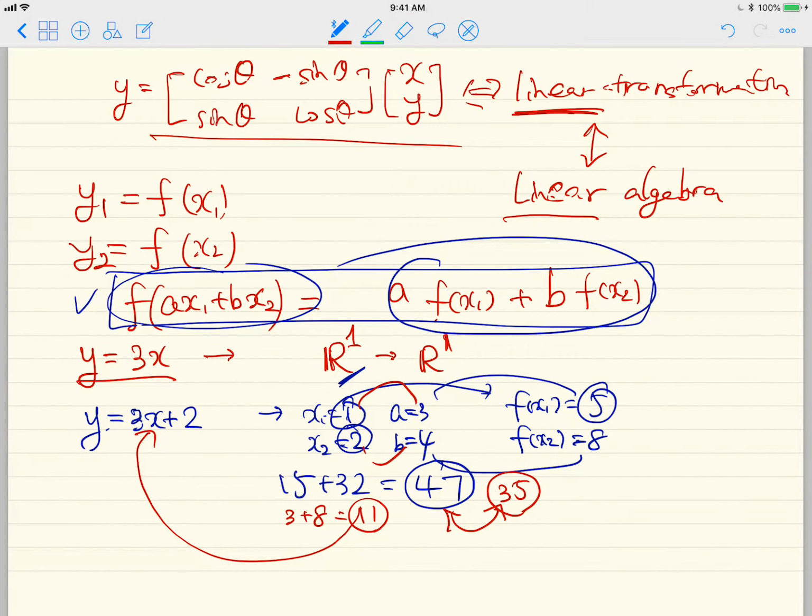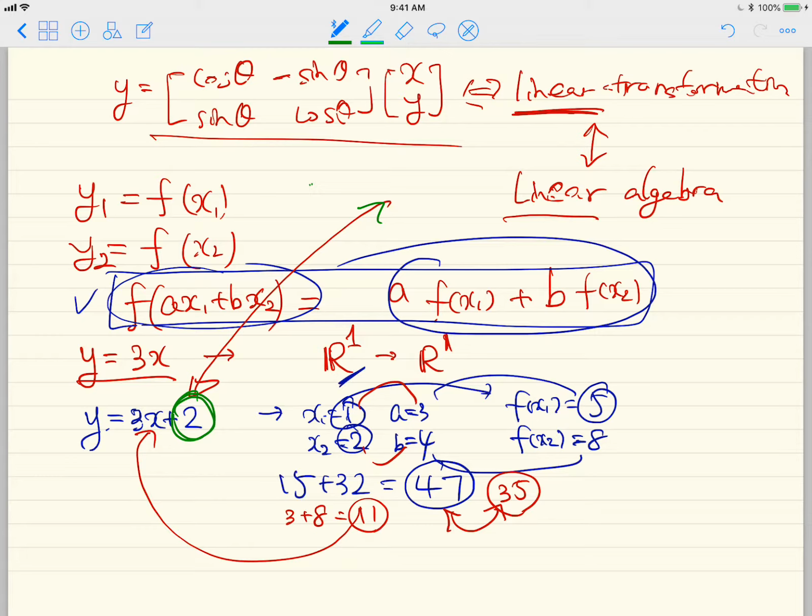Okay, then still this function also has a name. It is really close to a linear function, except for this term, right? This bias term. If we remove this bias, it will become a linear function, right? So in that case, those functions are called what?